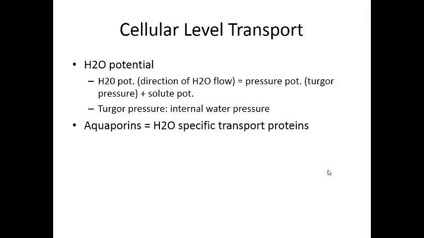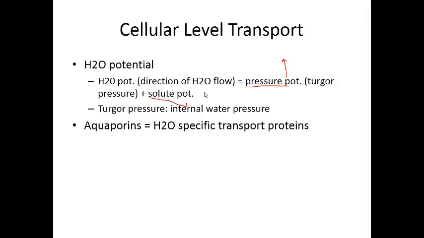We know that plants have thick, rigid cell walls, and therefore they cannot lyse if too much water enters them. Water potential is going to be used to measure the direction of water flow in plant cells. Water potential equals the pressure potential, which is always going to be positive, and solute potential, right?